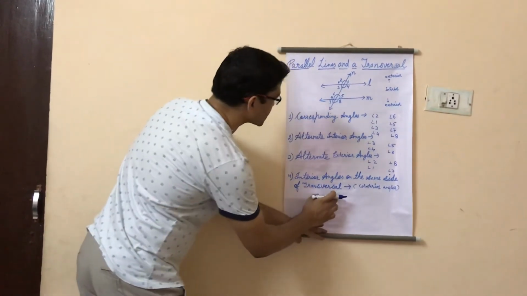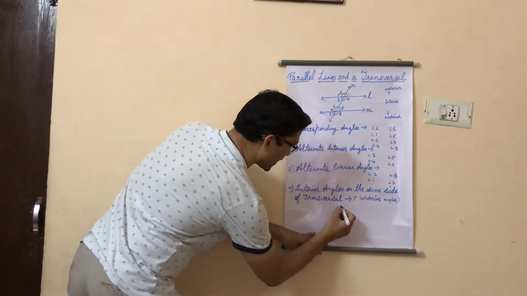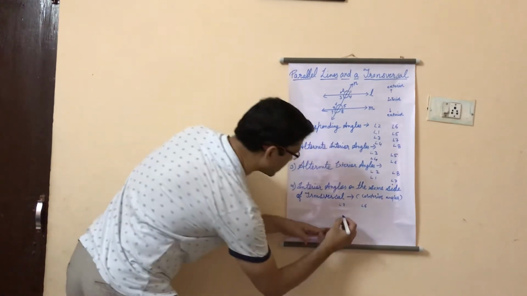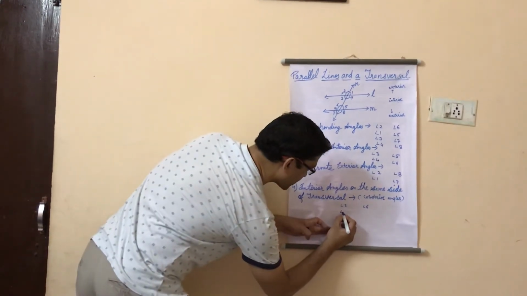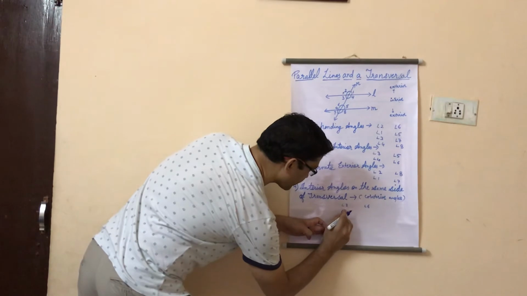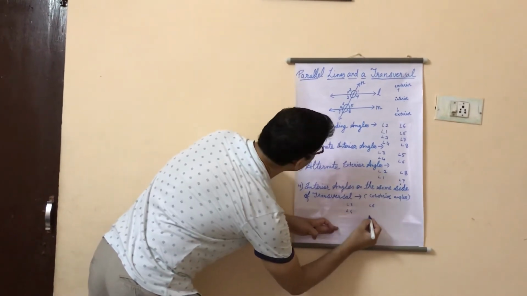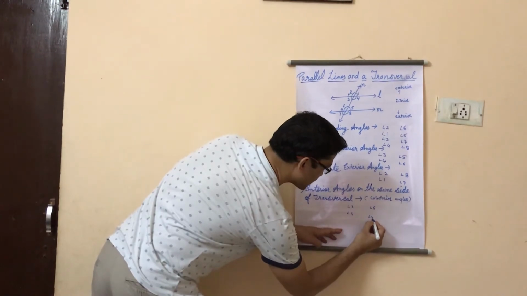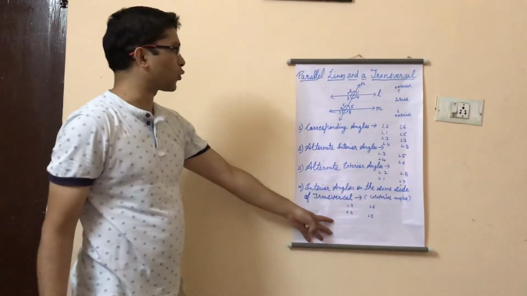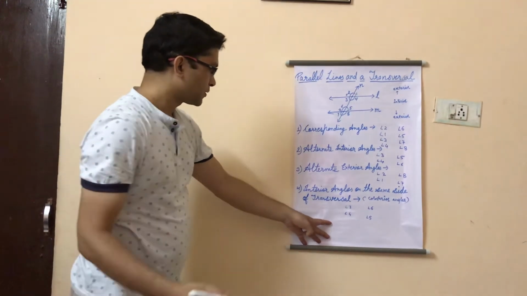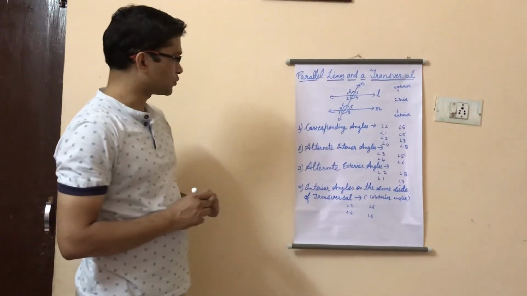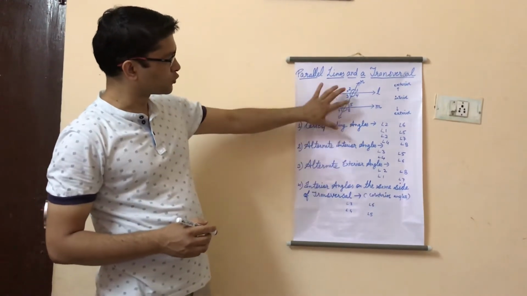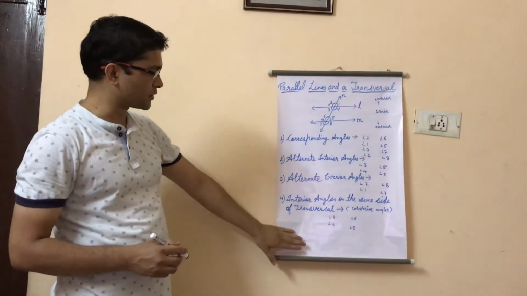So with these conditions, angle 3 and 6 make one pair of co-interior angles, and angle 4 and angle 5 make the second pair of co-interior angles. So these are the four types of angles which are formed when two parallel lines are intersected by a transversal.